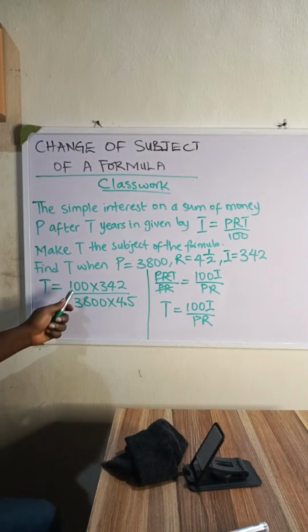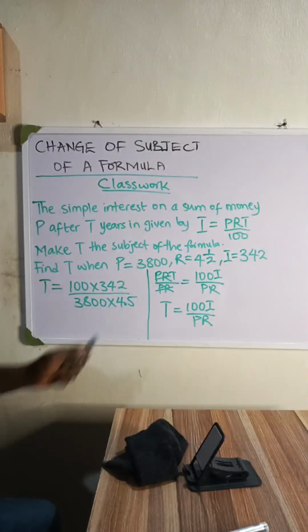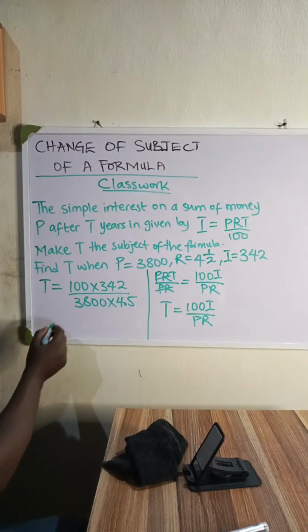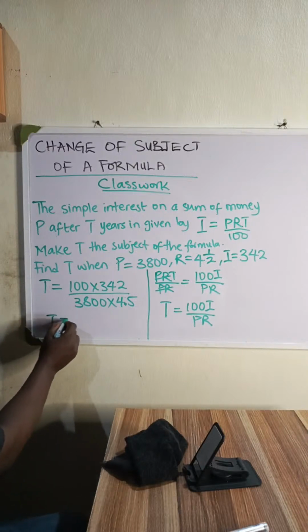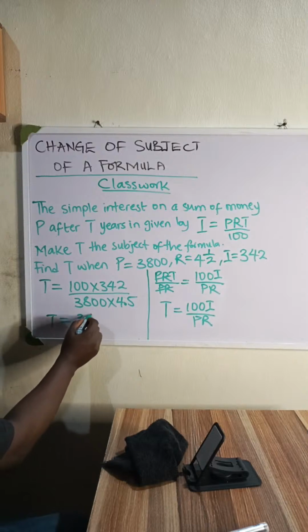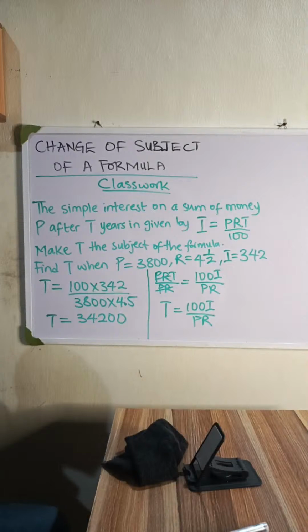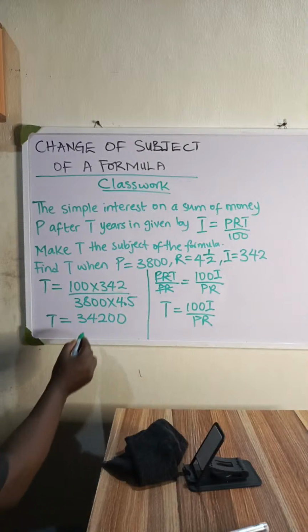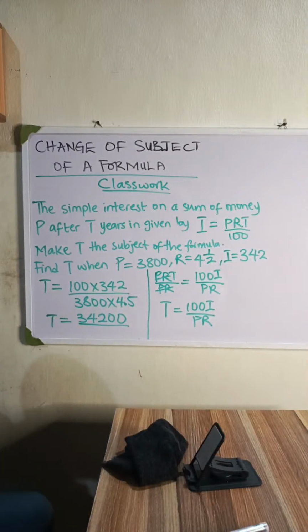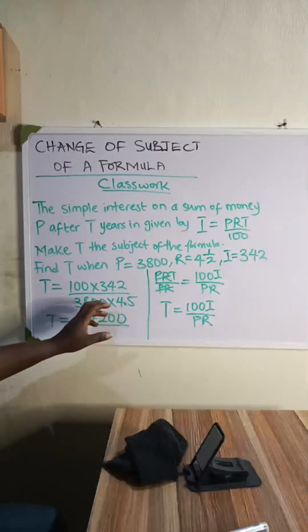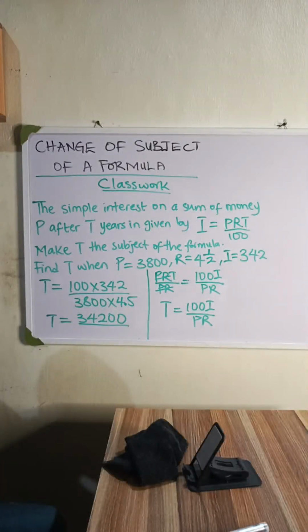So now, when you do 100 multiplied by 342, we're going to have T is equal to 34,200 divided by 3,800 multiplied by 4.5. What are we going to get? 3,800 multiplied by 4.5.